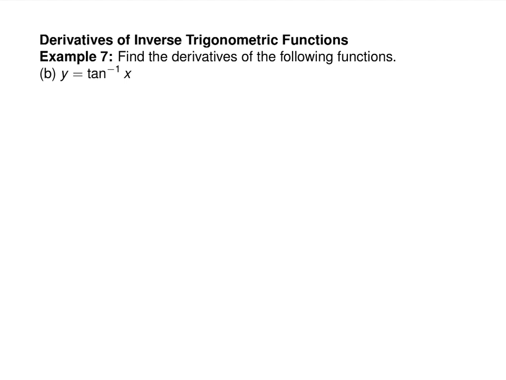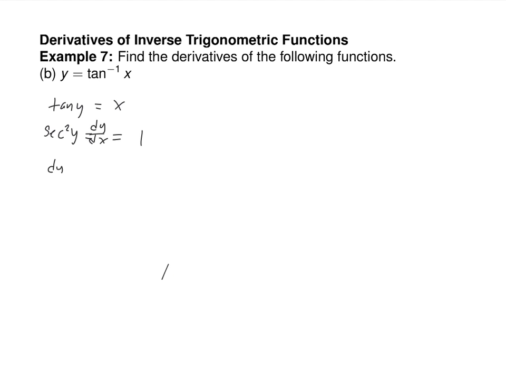Inverse tan's a teeny bit different. Okay, so the first step would be to say tan y equals x, same as the other first step, right? So then you got secant squared y times dy dx equals 1.